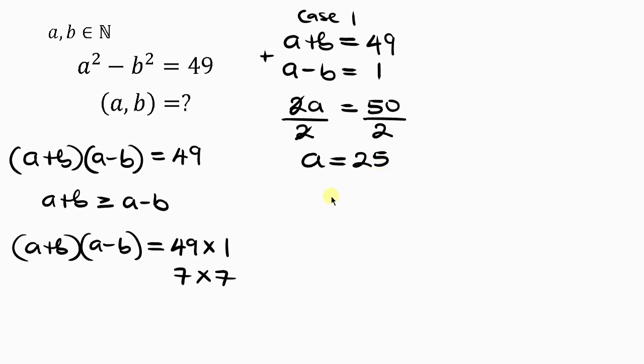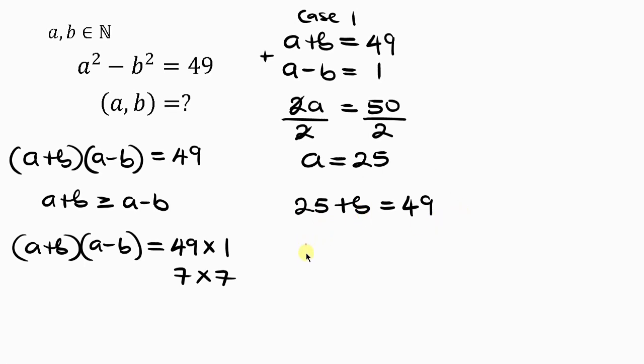Now to get the value of b, we're going to be substituting the value of a in any of these equations. So I'll be putting it in equation 1, which is this very equation we have here. So a is 25, plus b equal to 49. Our next step will be for us to move 25 to the right hand side.